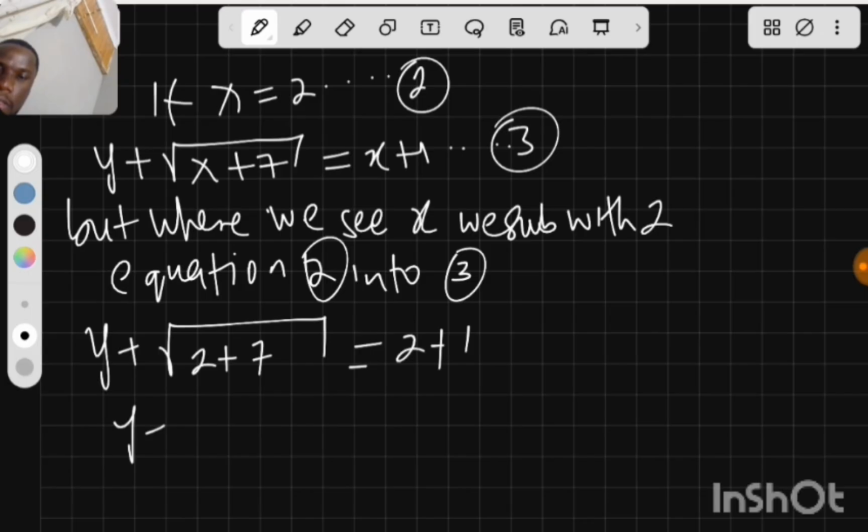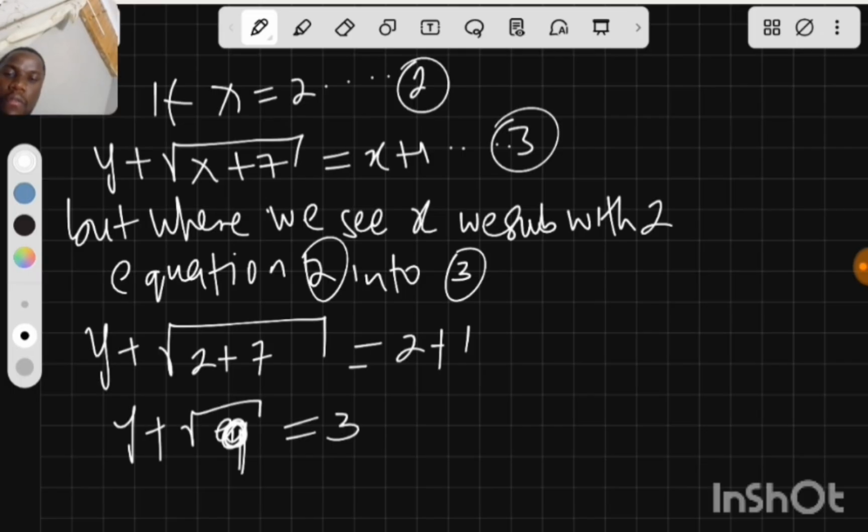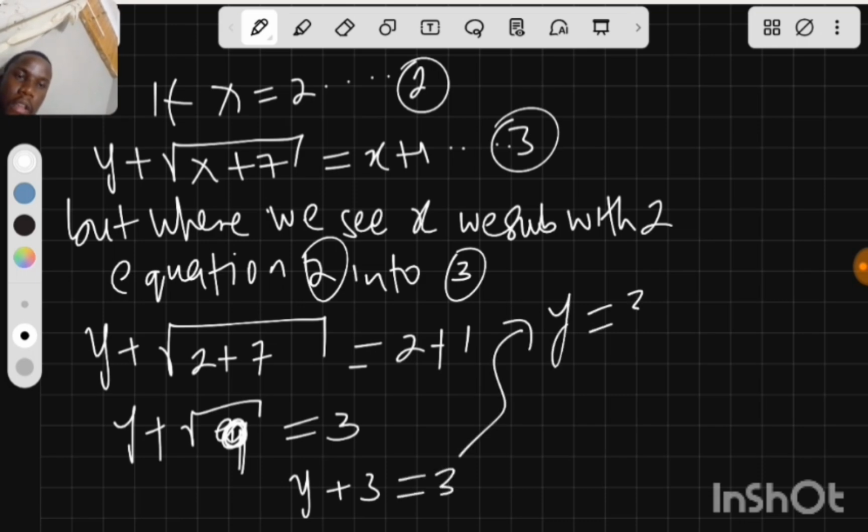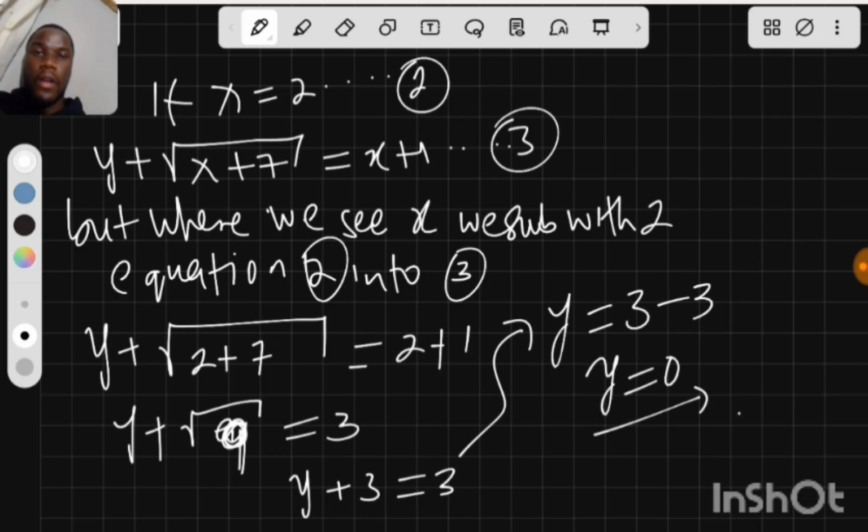Then y plus the square root of 9, which is 3, is equal to 3. Then y will be equal to 3 minus 3, which is y equal to 0. I hope you understand.